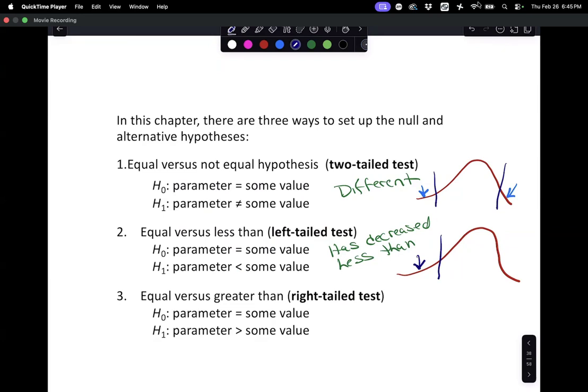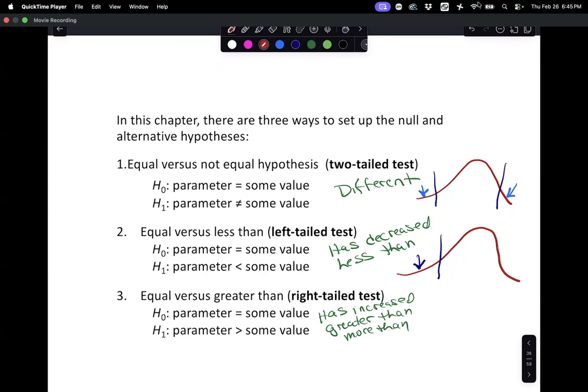For a right-tailed test, you'll see words like has increased or greater than, or more than, larger, anything like that. That would be a right-tailed test.